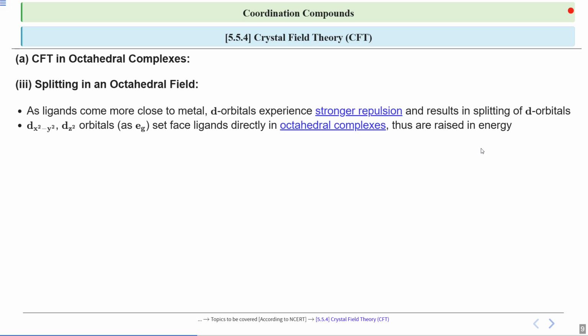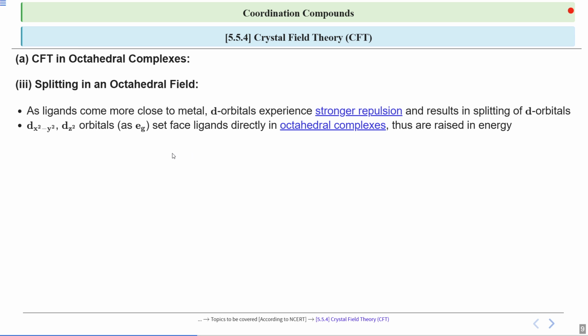So what does that mean? The d orbitals with lobes pointing along the axes, dx square minus y square and dz square, experience more repulsion and higher energy compared to the d orbitals with lobes pointing between the axes, as in dxy, dyz and dxz.